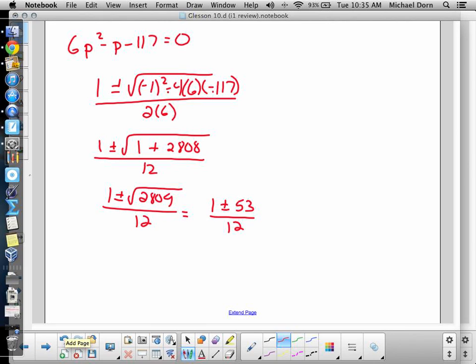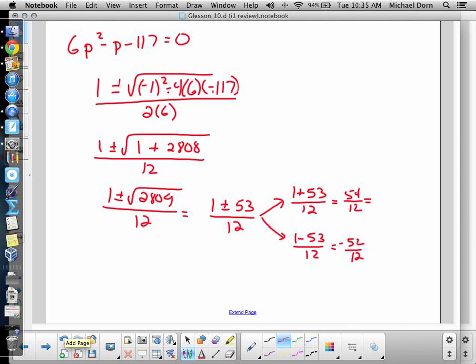And then to finish it off, because now we just have numbers we have to do. So this gives us two choices, 1 plus 53 over 12 and 1 minus 53 over 12. So that's 54 over 12 and negative 52 over 12, which we then reduce.